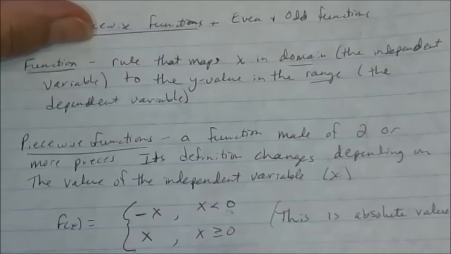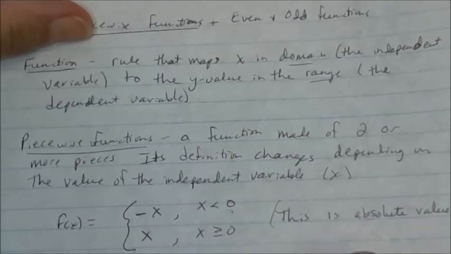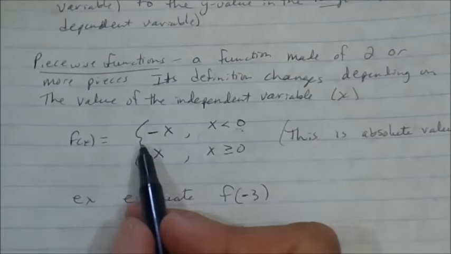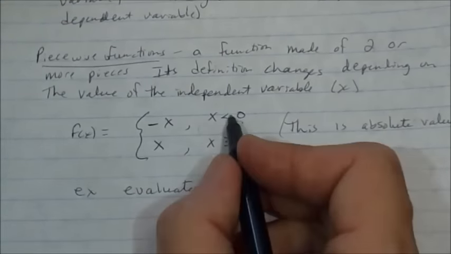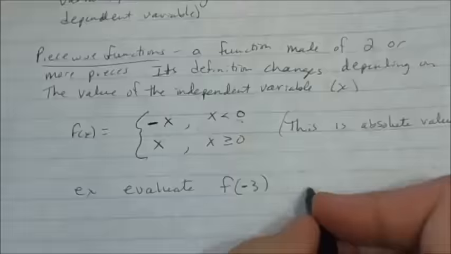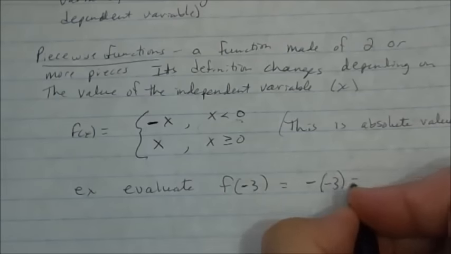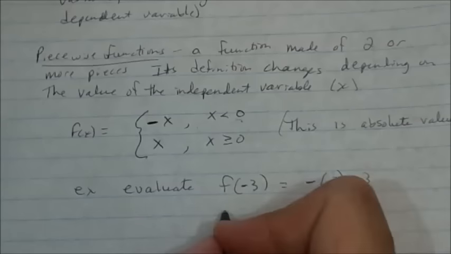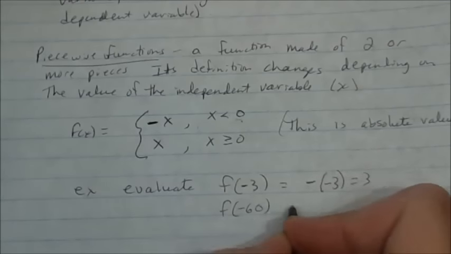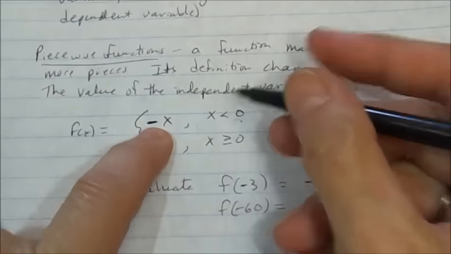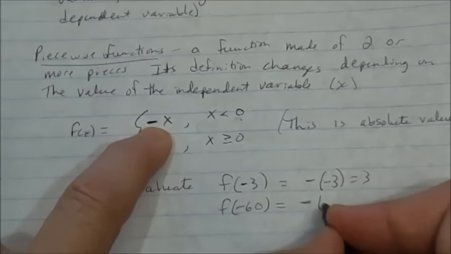We're going to evaluate f of certain numbers. Let's evaluate f of negative 3. Well, negative 3 is less than 0, so we're going to look at this definition. F of negative 3, we're going to put the negative x value in here. Well, the negative x value is negative negative 3, which is 3. Let's do f of negative 60. Well, negative 60 is less than 0, so you're going to evaluate the negative input value.